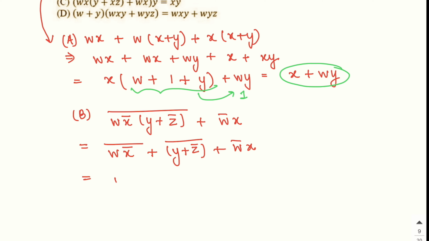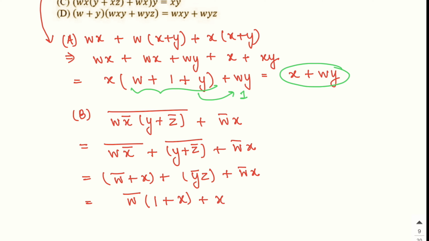Now again we apply De Morgan, we get w bar plus x, and this becomes y bar z plus w bar x. Now you can take w bar common, so we get 1 plus x plus y bar z. So we have w bar plus x plus y bar z.